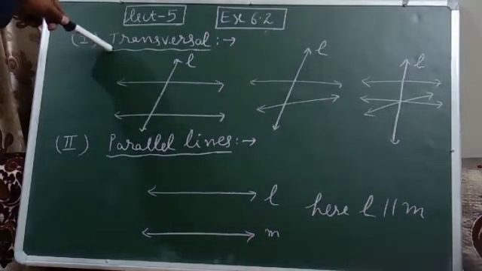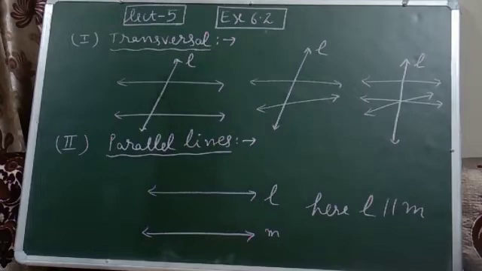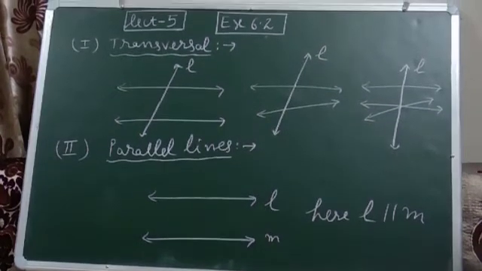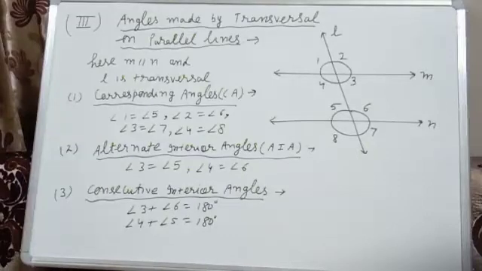Again I am revising. Transversal: if any line intersects different lines at different points, then it is called a transversal. Parallel lines: if lines never intersect each other, whether they are extended in any direction, then the lines are called parallel. Now we have one more basic point, the third basic point.